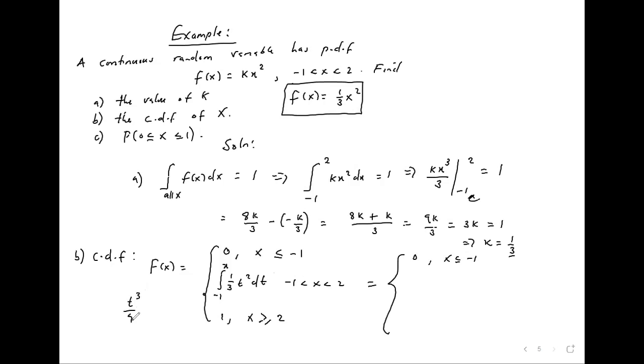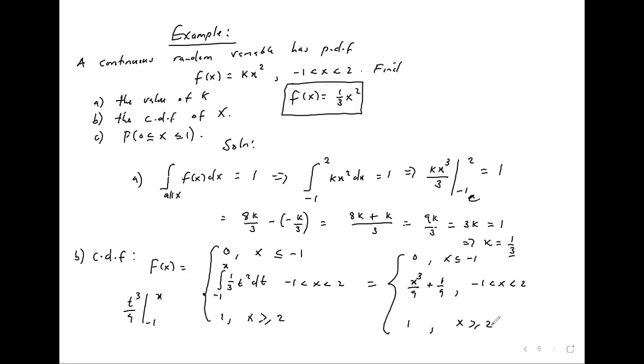Then substitute -1 and x, so it will be x³/9 plus 1/9 for -1 < x < 2. And then it will be 1 for x greater than or equal to 2. That's how you always get the CDF of that function.